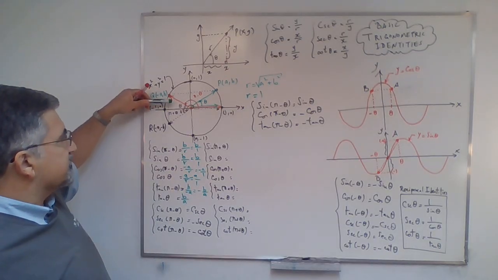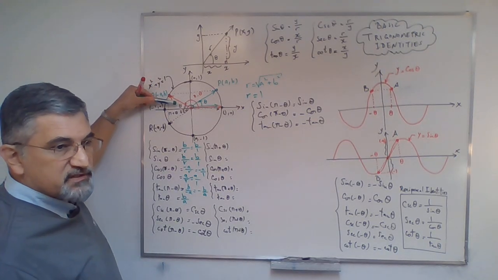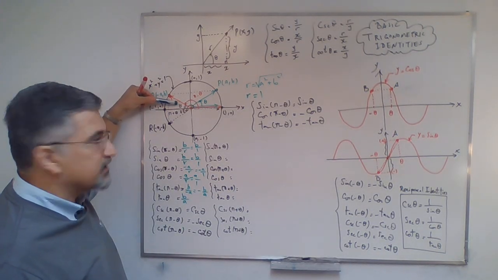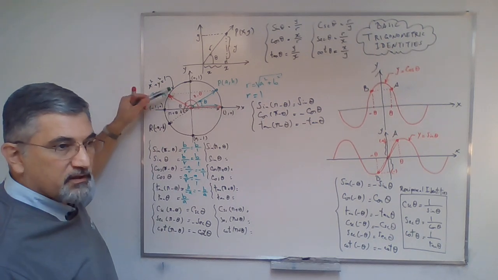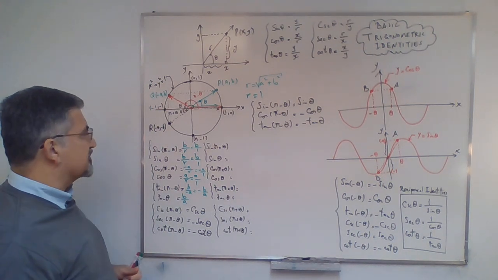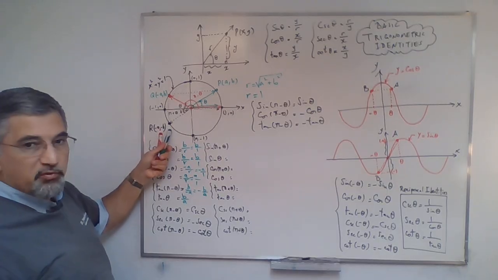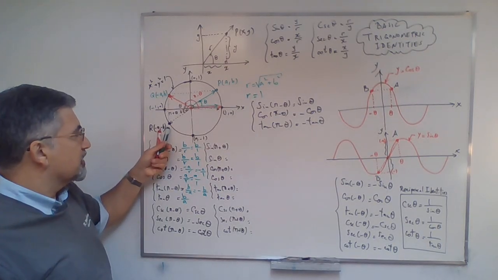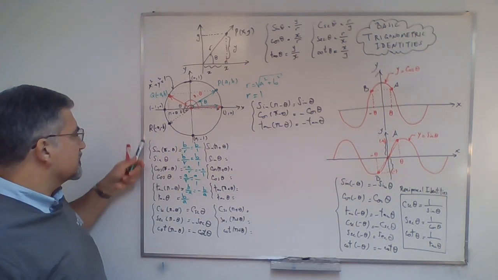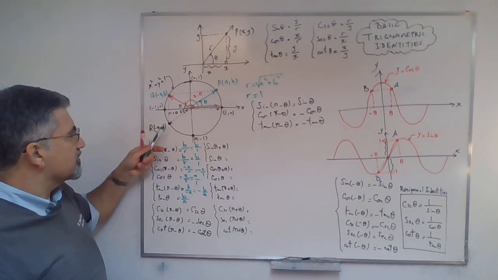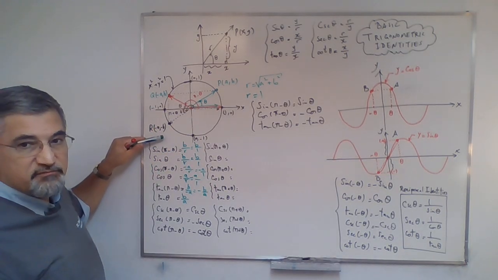So if the top angle is like 30 degrees, the reference angle, known as related acute angle, then the bottom is also the same amount in terms of degrees. So we have pi plus theta, and that gives me a point R on the circumference of the circle, and the coordinates of point R are negative a and negative b.